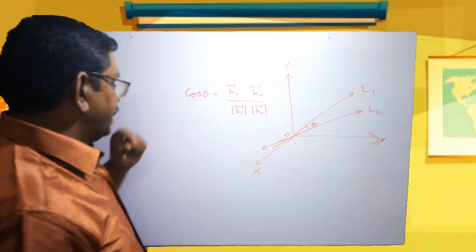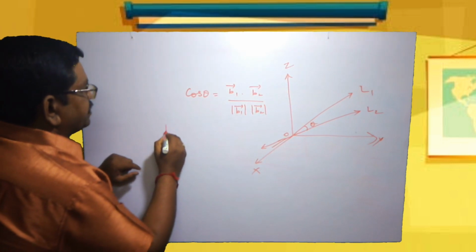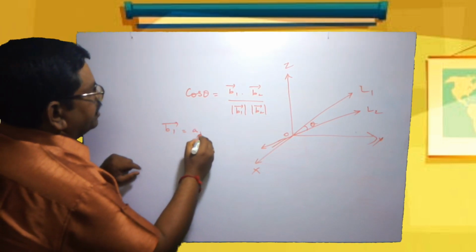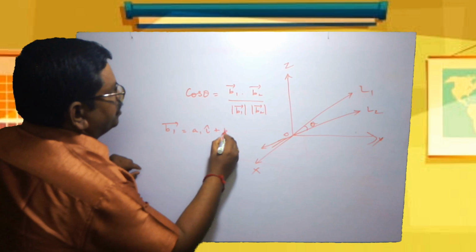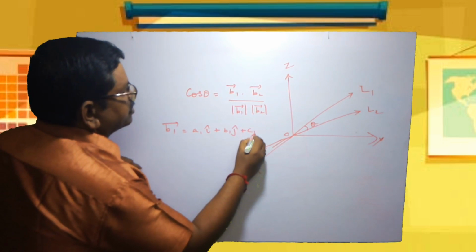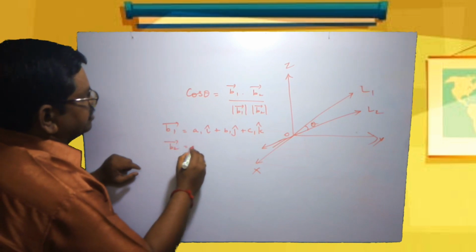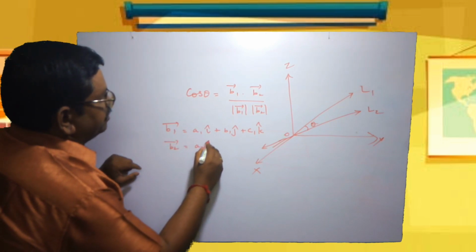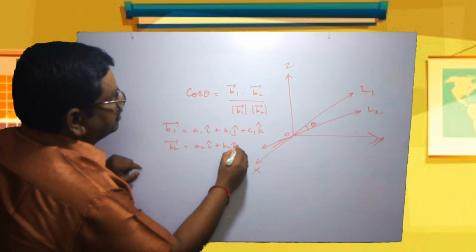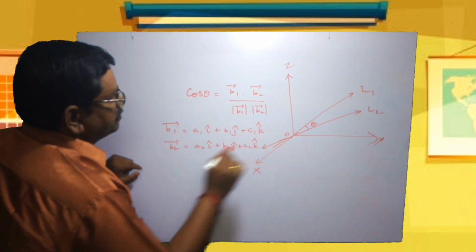Okay, now let us take b1 vector as a1 i plus b1 j plus c1 k. Similarly, b2 vector is a2 i plus b2 j plus c2 k.